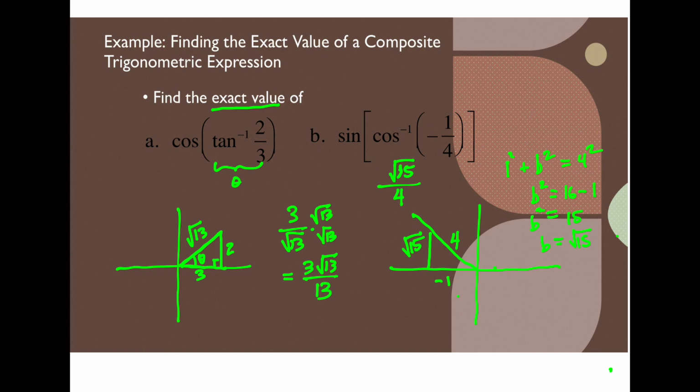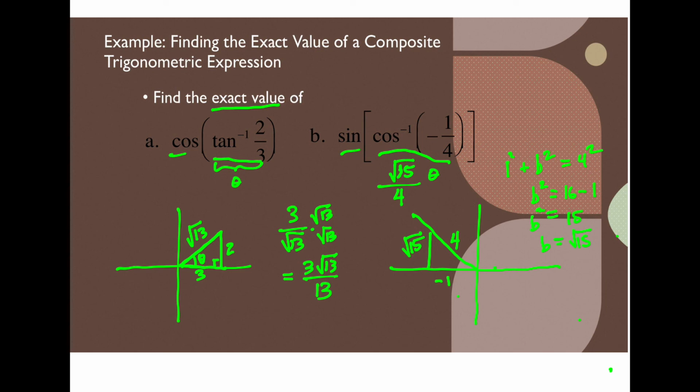Keep in mind one key difference we had in this problem. In these problems, we took the arc tan and the arc cosine first to get essentially the angle that we would then take the sine of and the cosine. Arc cosine and arc tan and arc everything else are the ones that have the restrictions.